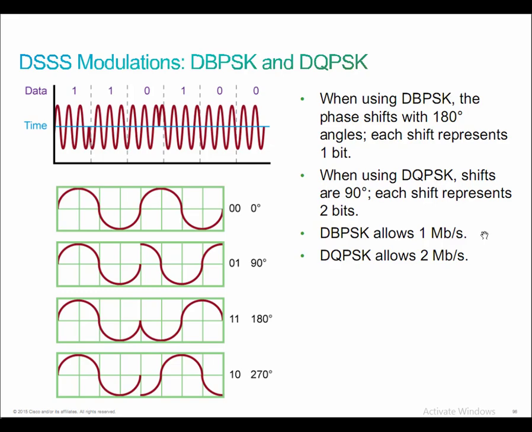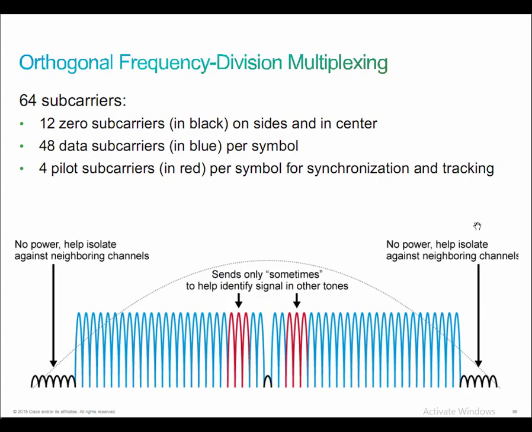If the group to transmit is 0, 0, we do nothing. If the group to transmit is 0, 1, we shift it 90 degrees. If the group to transmit is 1, 0, we shift it 270 degrees. Now with QPSK, which is the Quadrature Phase Shift Keying that we use for OFDM, if the next group to send is 0, 0, we shift that 270 degrees.